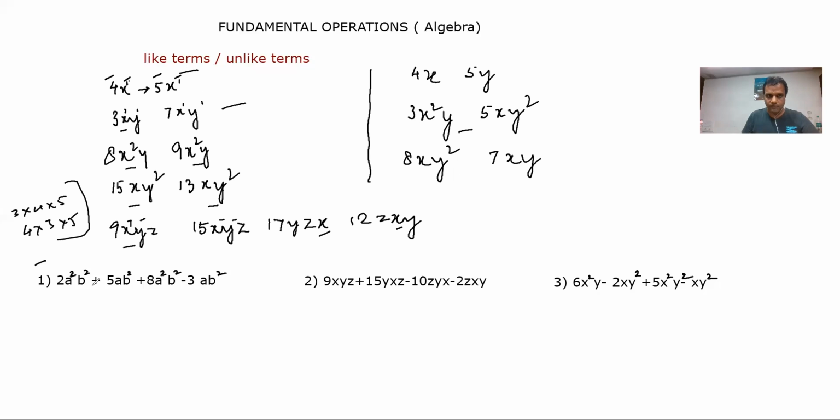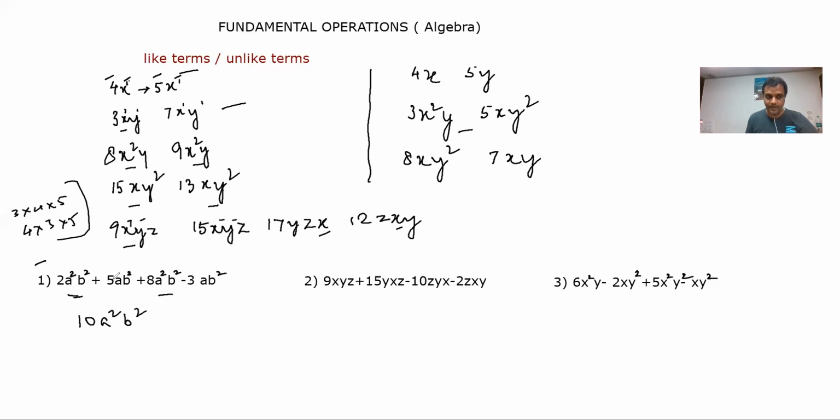Now tell me, if you have understood the concept of like and unlike, can you tell me which are the like terms here? So I can see the variables a square b square here. I can see one more a square b square here. So these two are like terms. They can be simplified. They can be made one. Simple addition. So 2a square b square, 8a square will be 10a square b square.